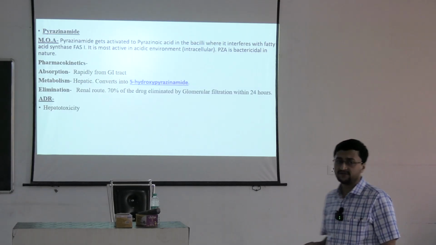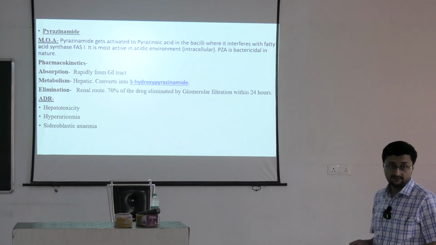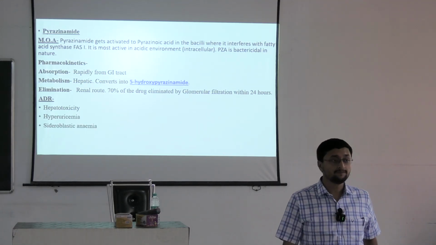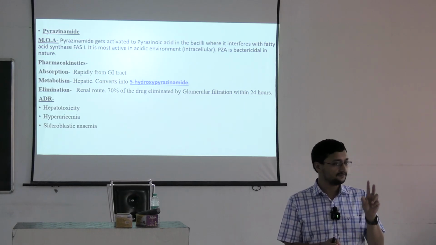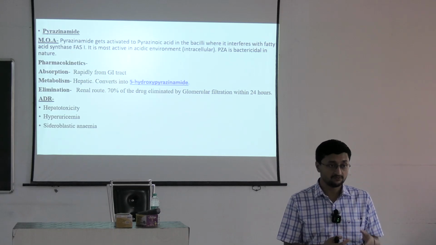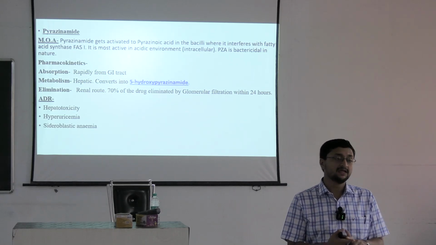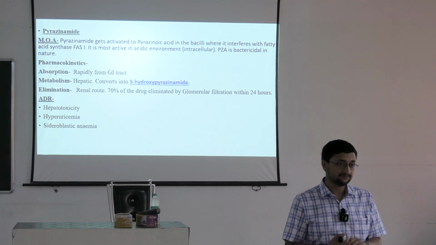So the most common adverse drug reactions are hepatotoxicity, hyperuricemia, sideroblastic anemia. This is important, hyperuricemia. So very frequently the main complaints of patients receiving anti-tubercular drugs are: one is hepatotoxicity, second one is skin rash, third one is this one, uric acid, hyperuricemia.